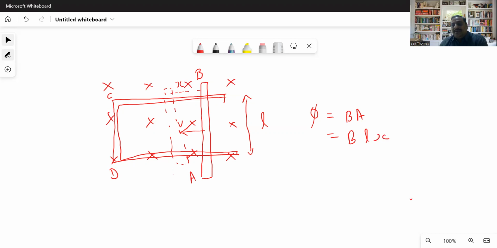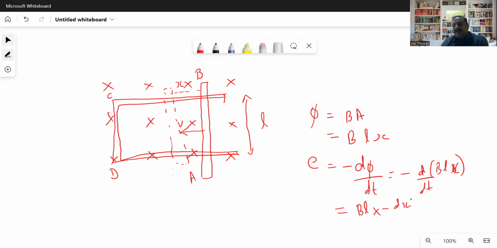Now you can find the induced EMF by applying Faraday's law. Induced EMF is minus d phi by dt. So minus d by dt of BLX. Here B is constant and L is constant. Take out BL into minus dx by dt.